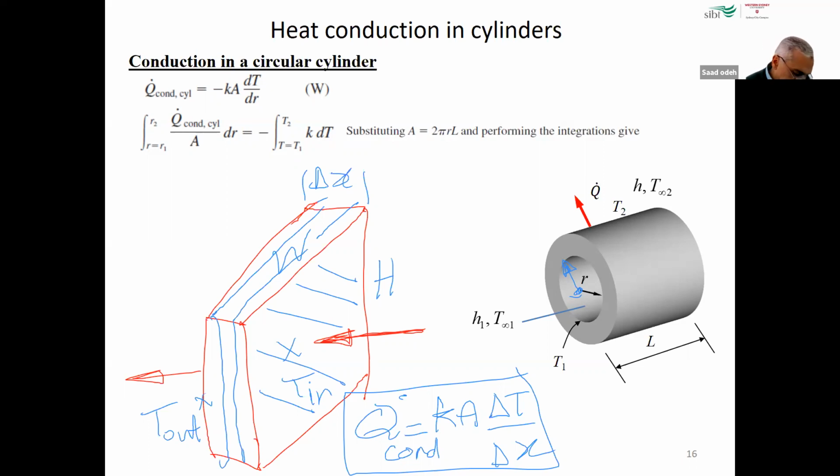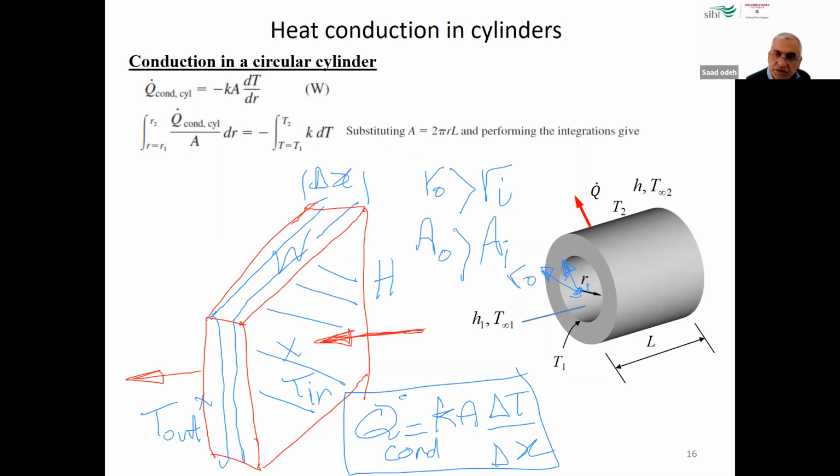Because we have a thickness, we have the outer radius, RO, and the inner radius, RI. The outer radius is greater than the inner radius, and therefore the outer surface area is bigger than the inner area, correct?